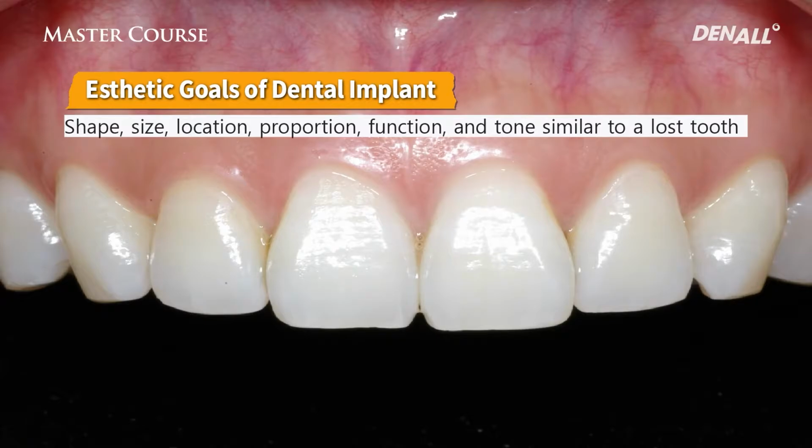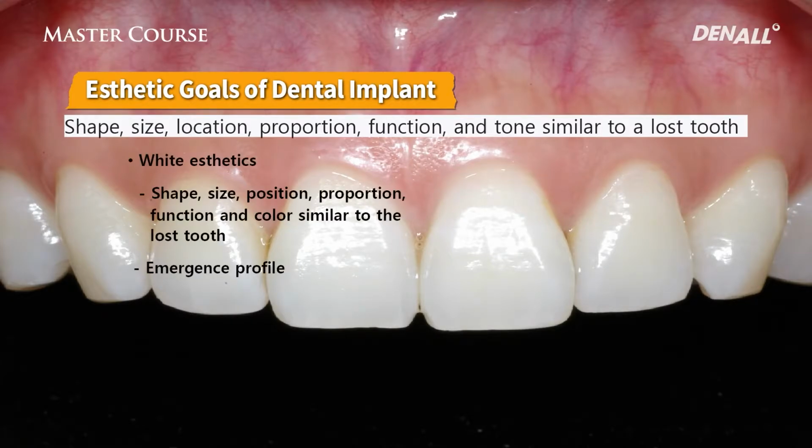White aesthetics is primarily related to teeth. As I said before, it should be most similar to the lost tooth in terms of these, and emergence profile should be proper for an implant.